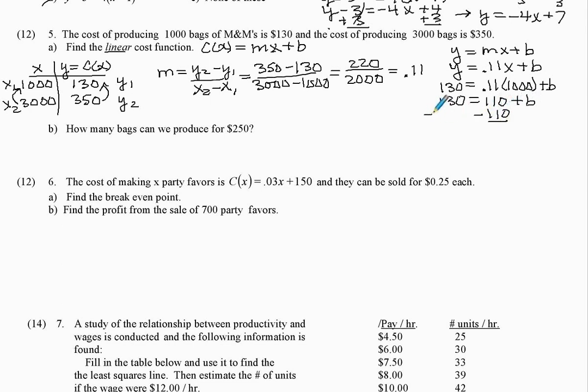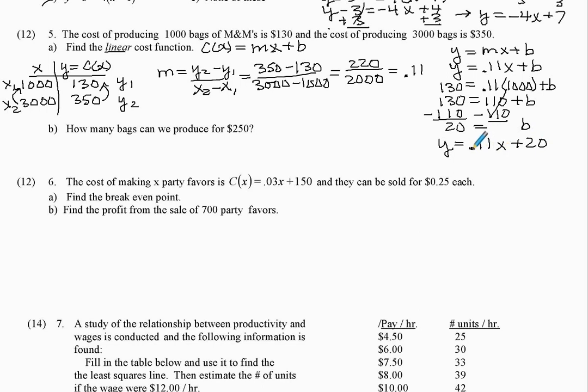Undo that multiplication. So that leaves us with a 20 on the left, and these add to 0, and we are left with b on the right all by itself. So b equals 20. So now we can plug that in here. So now we get y equals 0.11x plus 20.